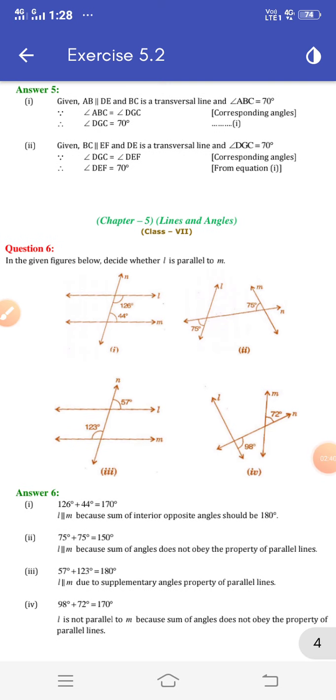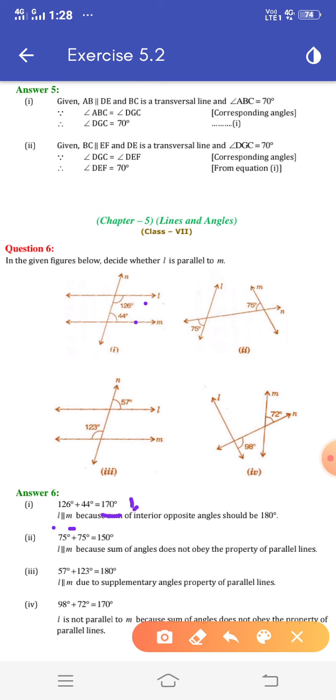The sum of these two angles, this angle and this angle, is equal to 170. So L is not parallel to M because the sum is not 180 degrees. So we can say that no, it is not parallel.